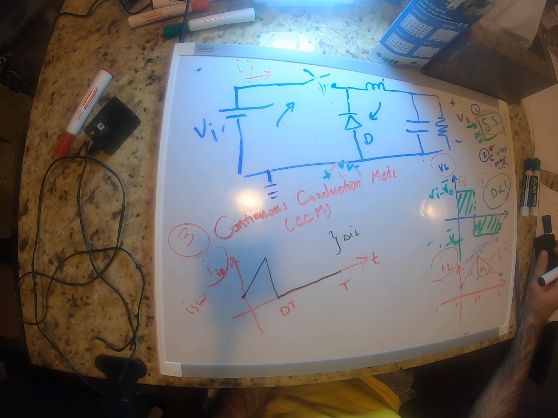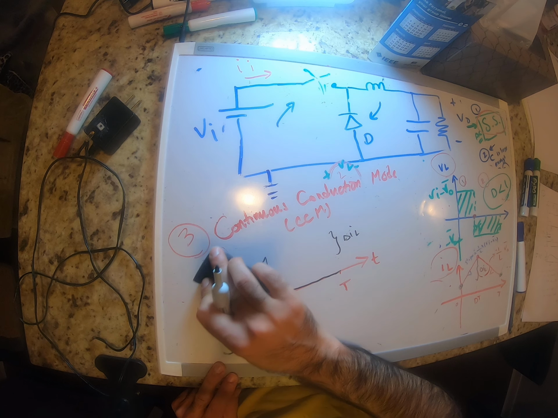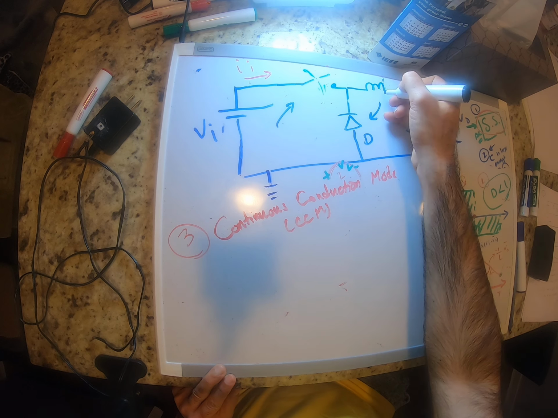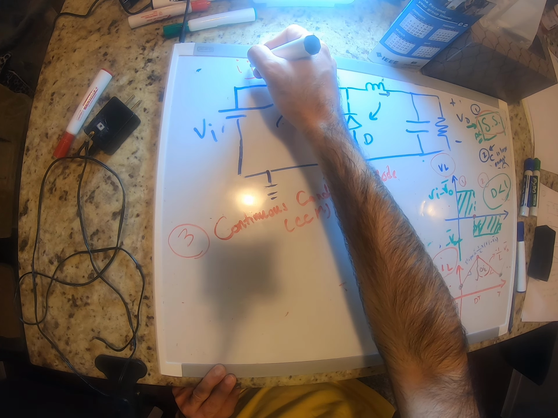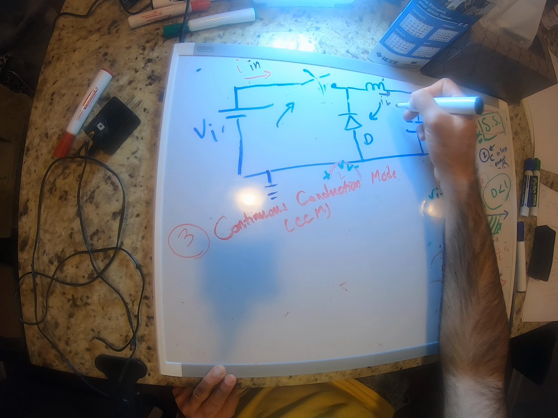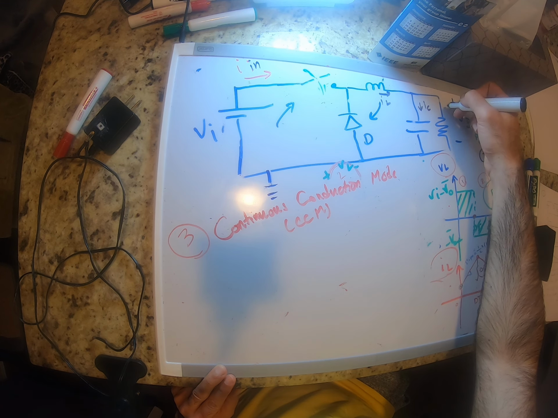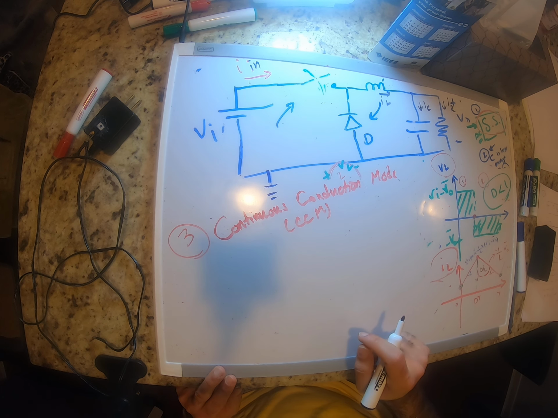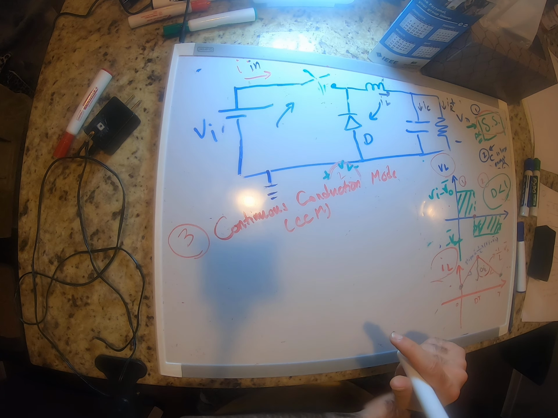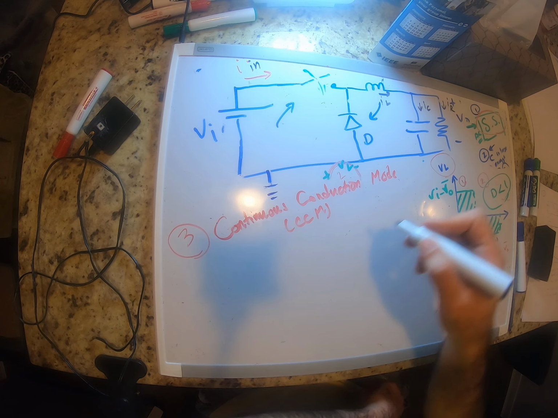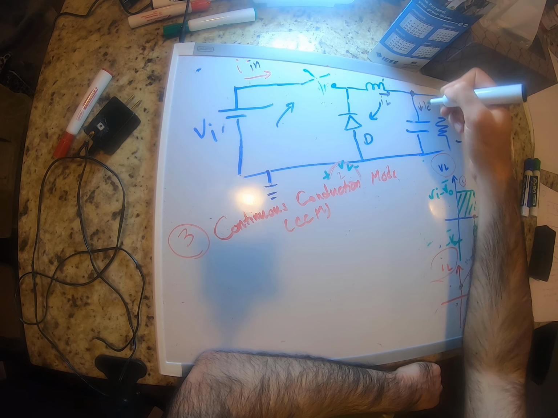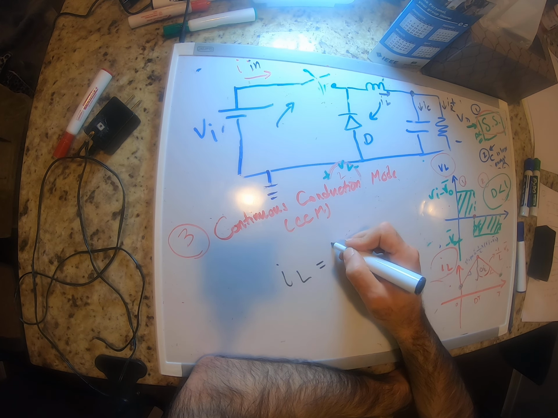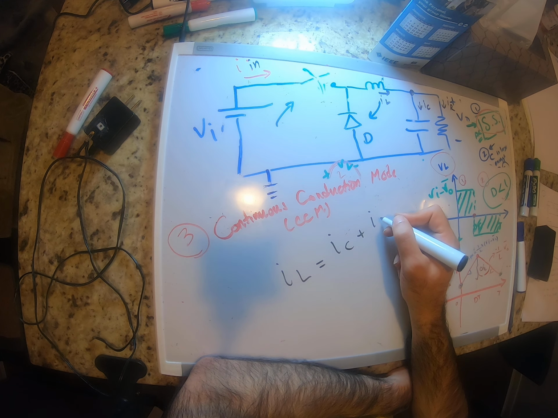Okay, so that's related to the input current. Now we draw I input, IL. How about IC and IR? One thing we can see based on the KCL at this node is that IL is always equal to IC plus IR.